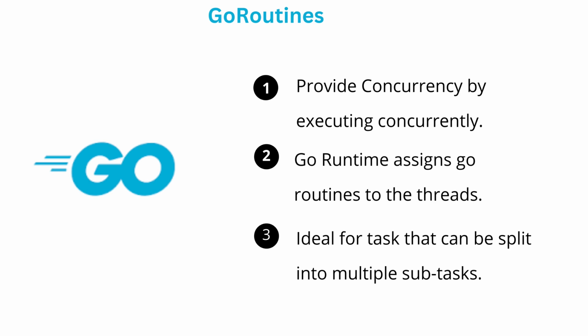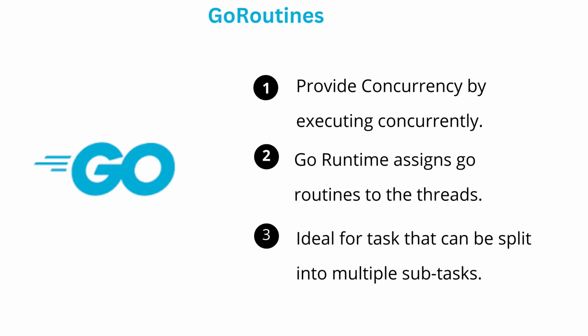But I think the other caveat is we should not use Go routines on every single thing, because it comes with a cost. Go routines can be expensive if they are not used in scenarios where they should be used.